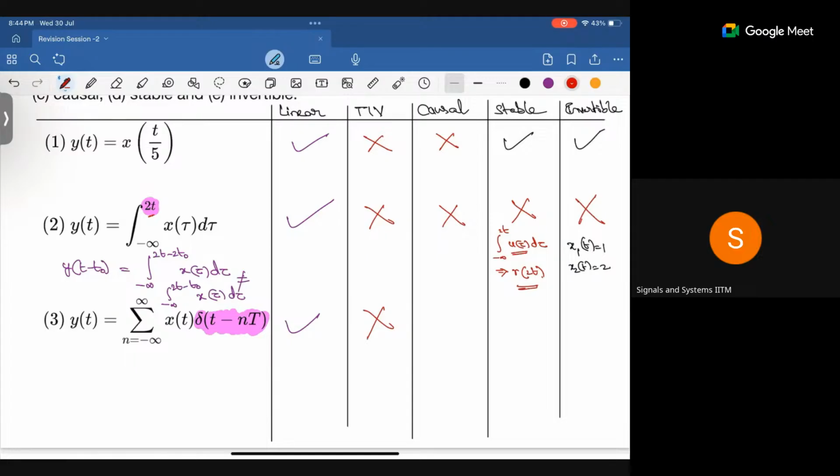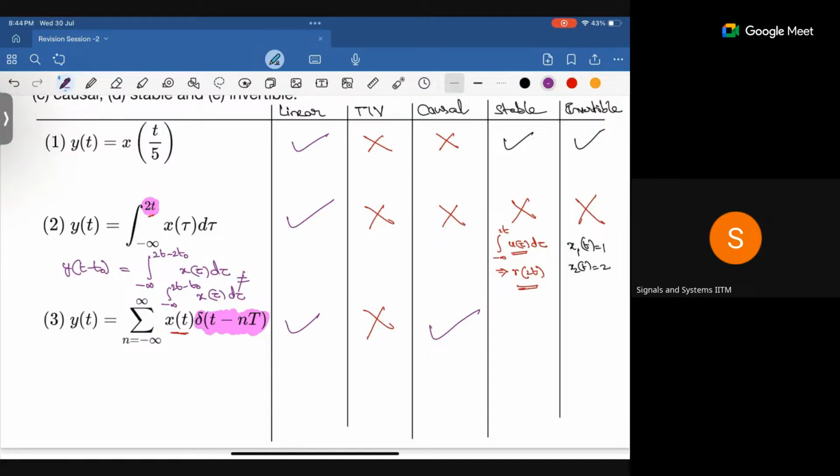Is this system causal? Yes, right. So the system is causal. You see, it depends only on the current input. So this is causal. Is this stable? Stable is very easy to see, no?